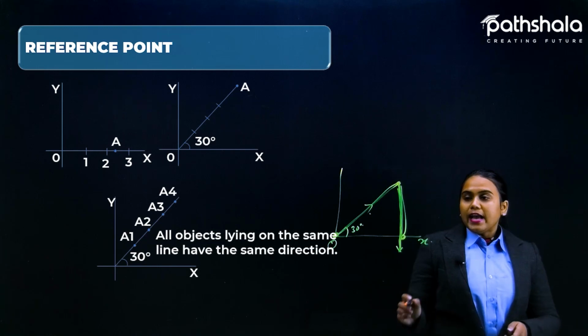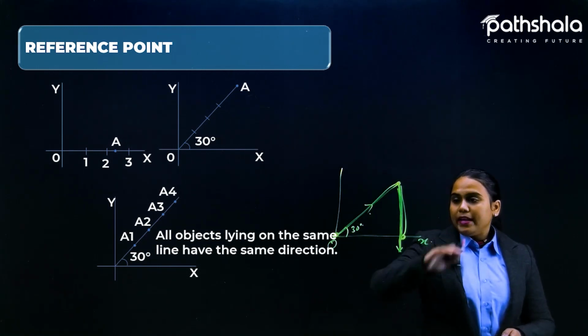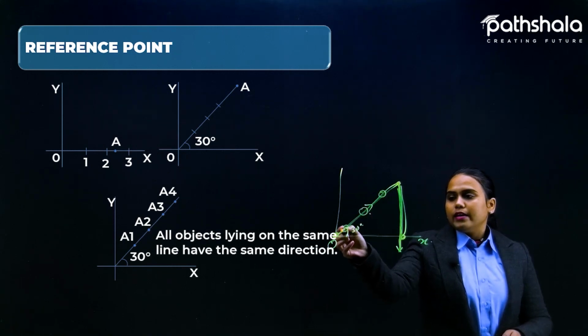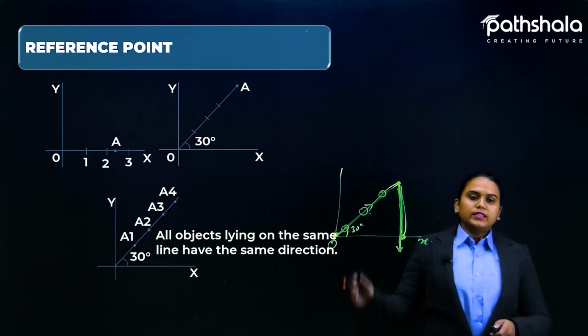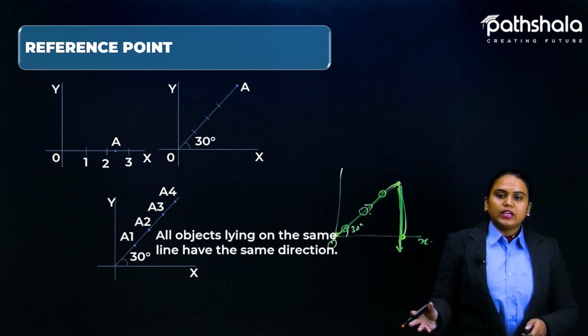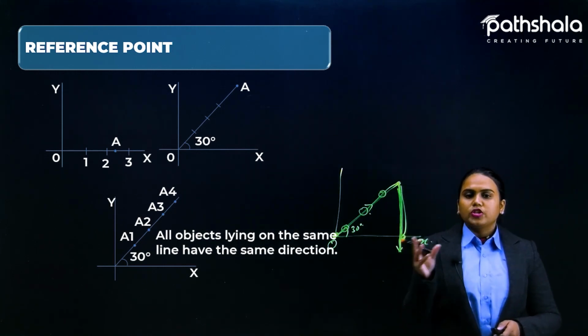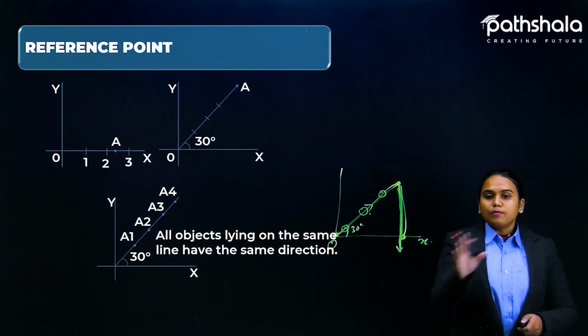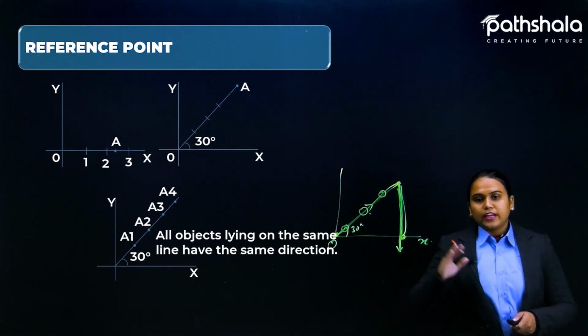This person is coming towards O, as you can see in the diagram. It was initially at the A4 position, then A3, then A2, then A1. So all positions are in the same direction only.